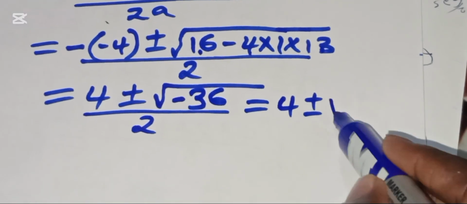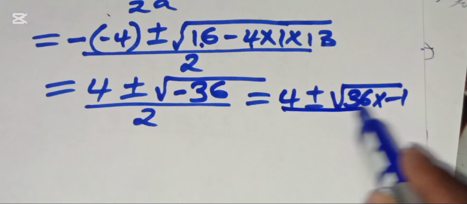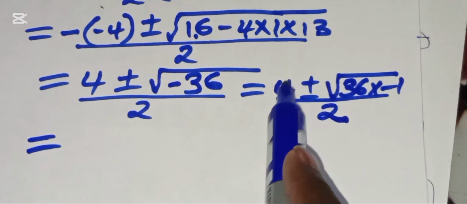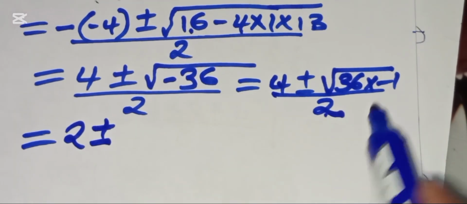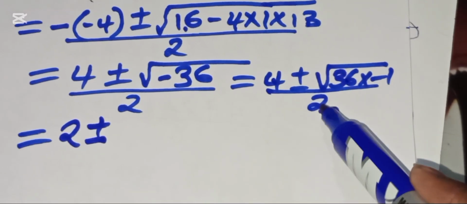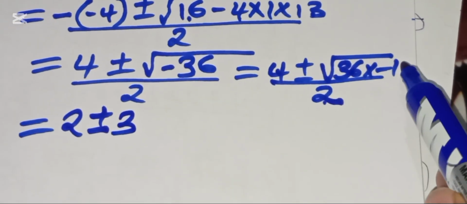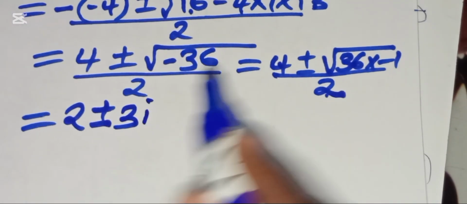So here we have 4 plus or minus the square root of negative 36. Negative 36 can be expressed as 36 times negative 1, divide everything by 2. So we have 4 divided by 2, which is 2, plus or minus the square root of 36, which is 6, divided by 2, which is 3, then the square root of negative 1 is i, so this is 3i.